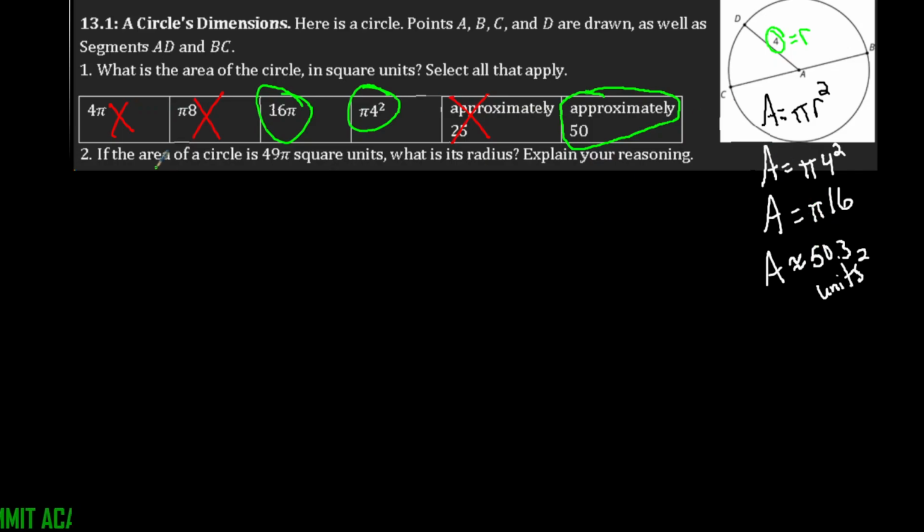And for the second part, it says if the area of the circle is 49 pi square units, what is going to be your radius? And explain your reasoning.